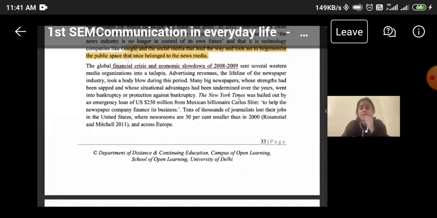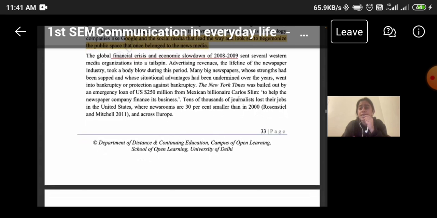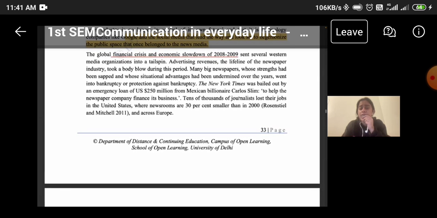The global financial crisis and economic slowdown of 2008-2009 sent several Western media organizations into a tailspin. Advertising revenues, the lifeline of the newspaper industry, took a body blow during this period.